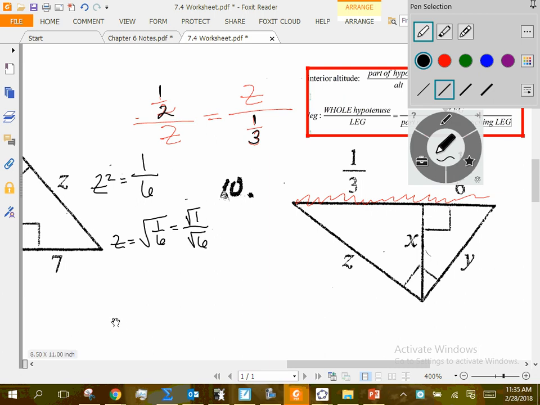Well, that 6 in the bottom, that radical 6, that's an irrational number. Does that make sense? Meaning that the decimal portion never ends, and it never repeats. Okay? It's irrational. We don't like leaving answers with that kind of number in the denominator.